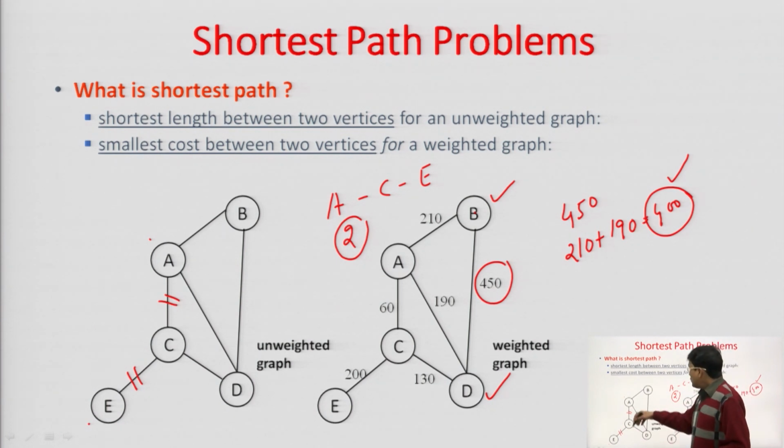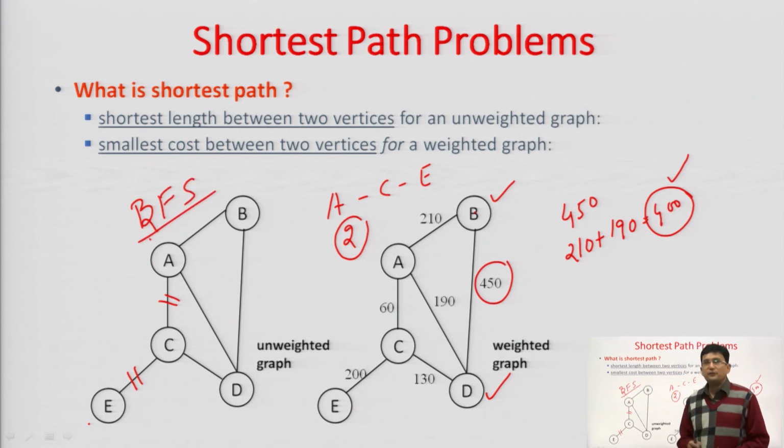The two types of the shortest path, the one in which the cost on the edges is not mentioned and the other in which the cost on the edges is mentioned, can be solved with different mechanisms. We have a method called BFS, the breadth first search, wherein you can find the shortest path between the vertices if the cost is not mentioned.